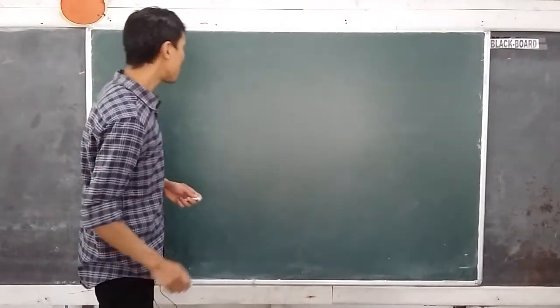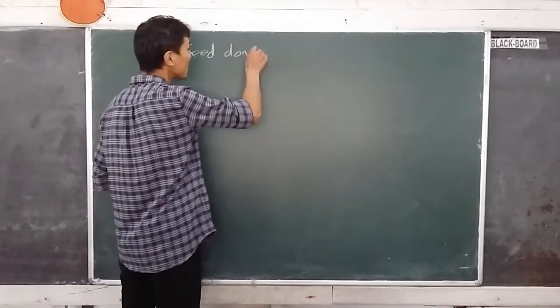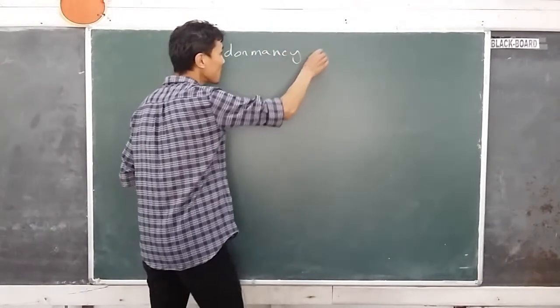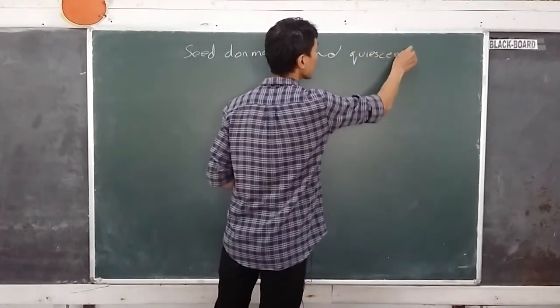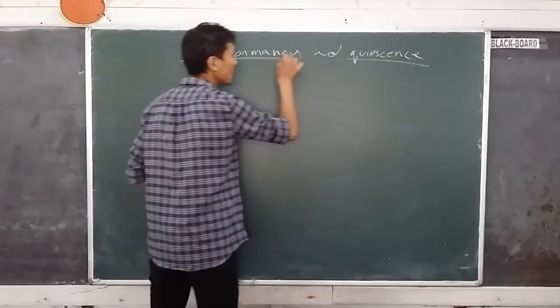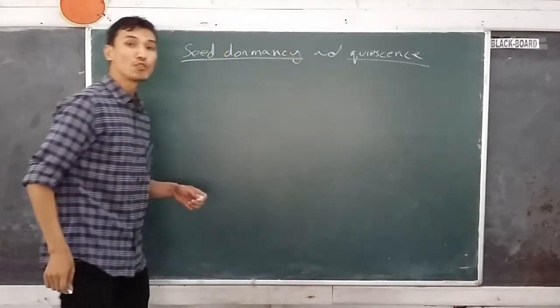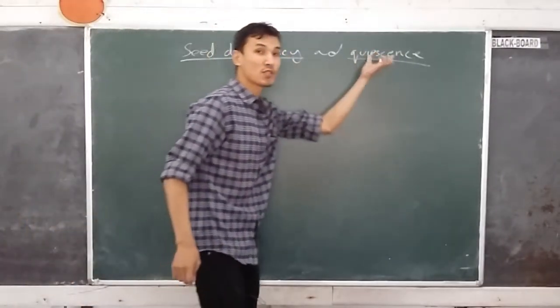So now, moving on from germination, you have all heard about seed dormancy and quiescence. In order for a seed to germinate, it has to overcome these two conditions, seed dormancy and quiescence.